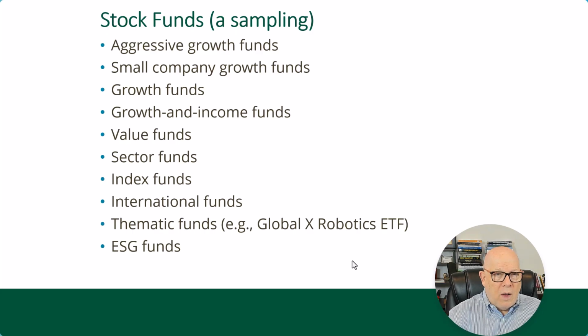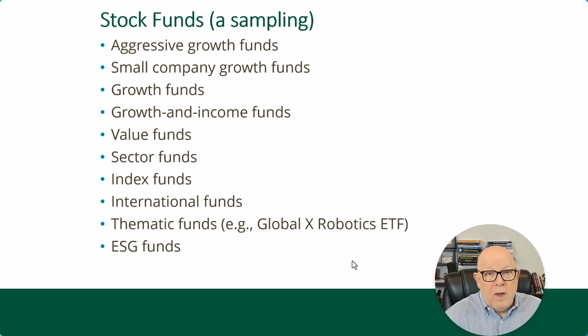You can buy growth funds, large cap funds, mid cap funds. You can buy value funds. You can buy income funds that tend to pay a higher level of dividends. You can buy a fund that invests in a particular sector like technology or a broad market index. You can buy one that's focused on an international index, an individual country.